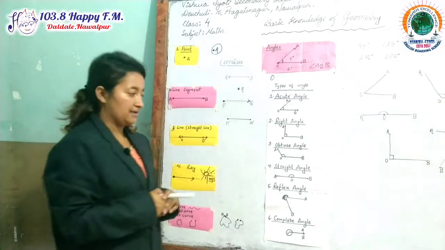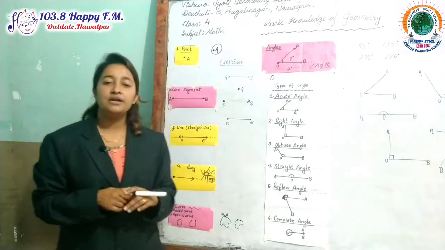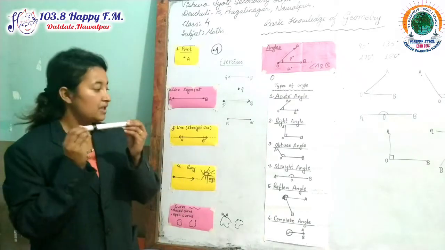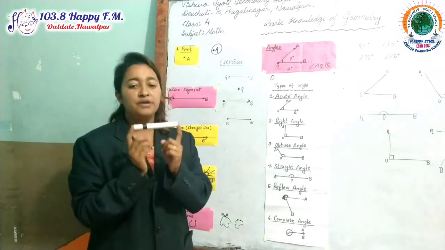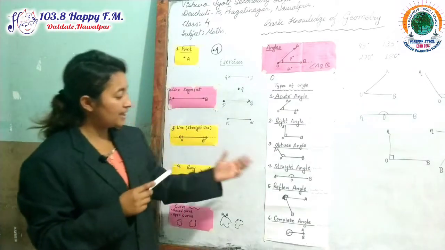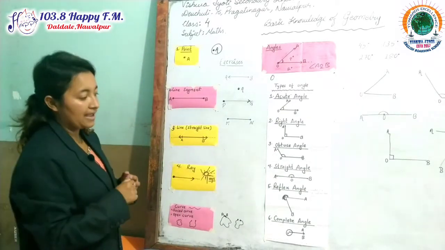Now, the straight angle. What is meant by straight? It's called Sida in Nepali. If two lines meet and form a straight line, that is a straight angle.